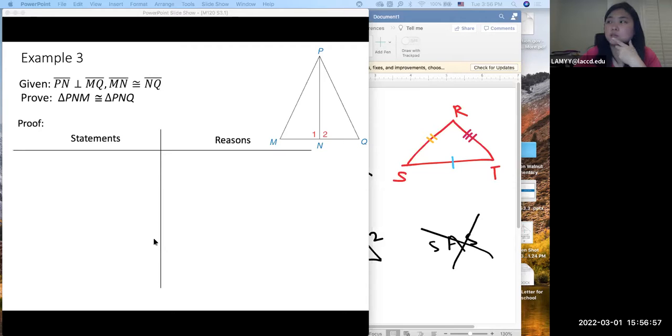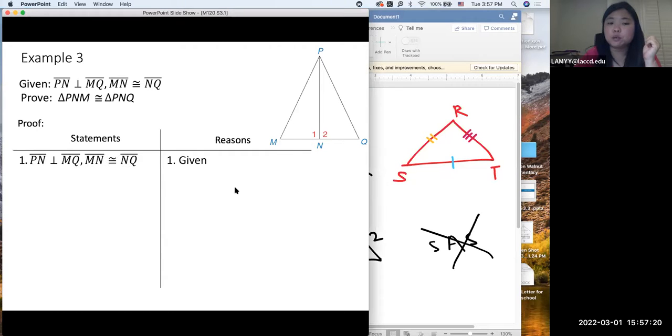Okay, for this one, are you going to use SSS or SAS? SAS, okay? So it has to be side, angle, side. First, they tell us MN is congruent to NQ. So this is the first side.